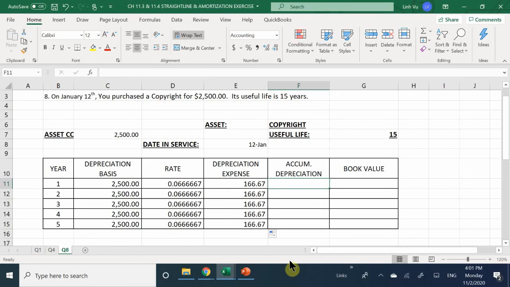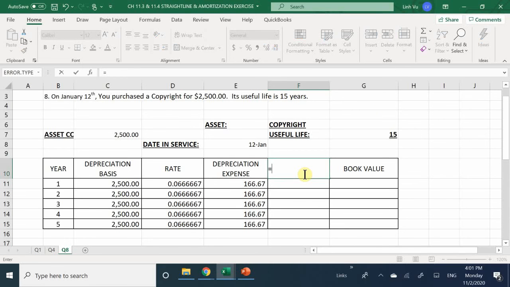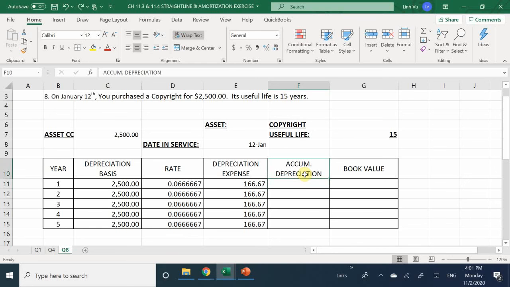The only thing that you have to actually calculate is the accumulated depreciation and your book value. So what is my accumulated depreciation for the first year? It's 166.67, because there is no previous year.